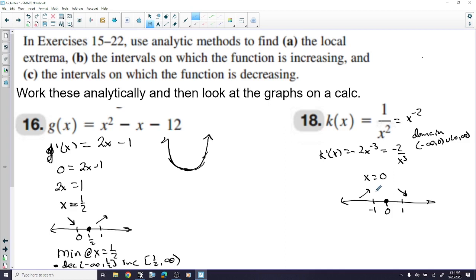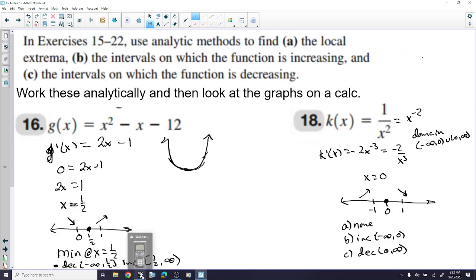Now, functions can change whether they increase or decrease over discontinuities. So this is still useful information. But A is find the local extrema: none. B, increasing on -infinity to 0. And then C, decreasing from 0 to infinity.